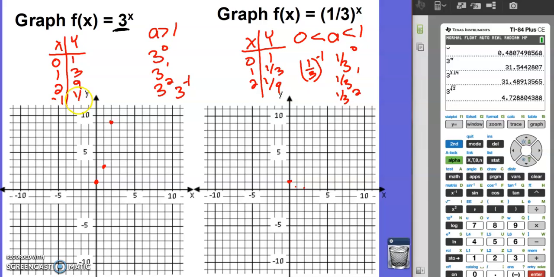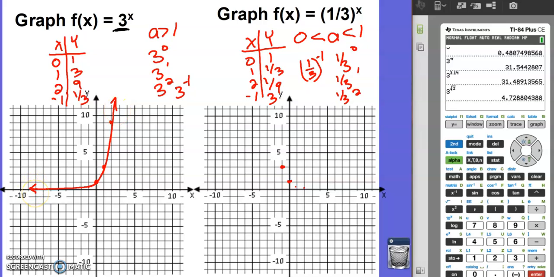So this gives us 1/3, whereas plugging in -1 here gives me 3. So (-1, 1/3) and (-1, 3). You can see what's going to happen. I'm going to get really, really tiny here. It's going to get really close to the x-axis, but it's not going to actually hit it.